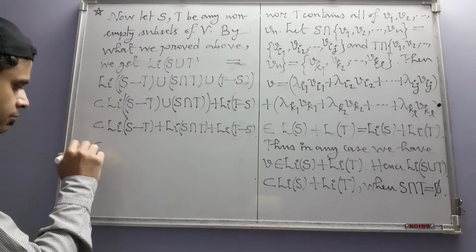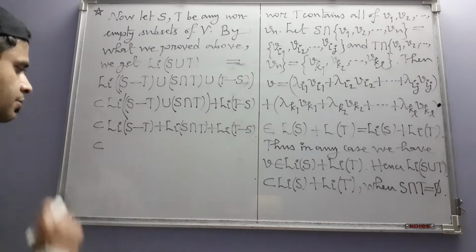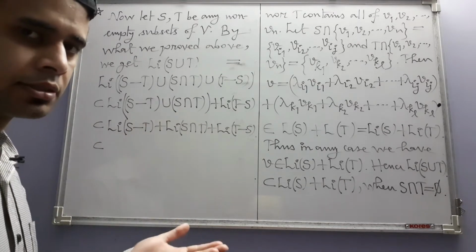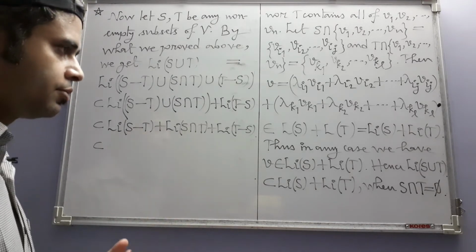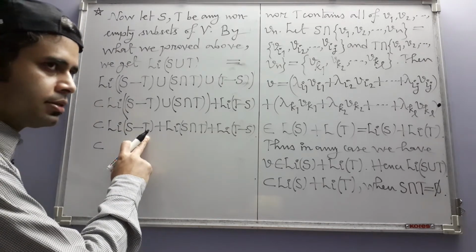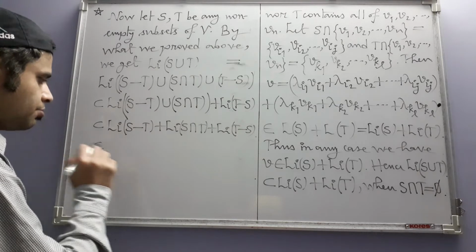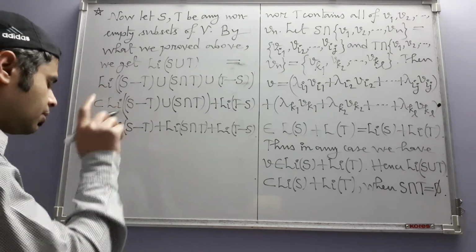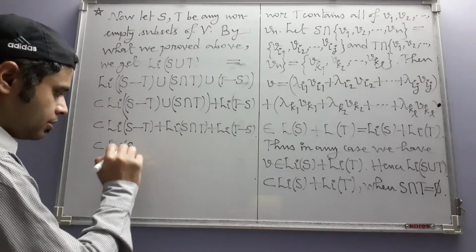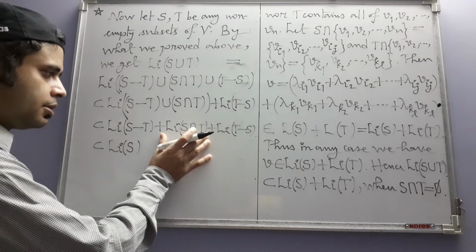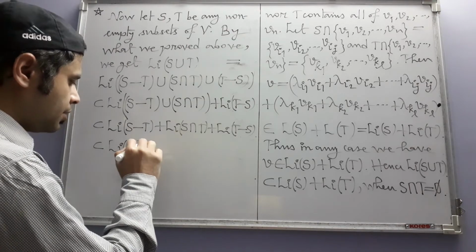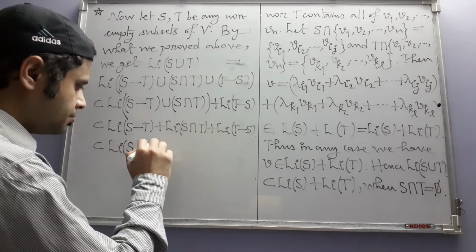Okay. Now note that S minus T, we already know what S minus T is. S minus T is the set of those vectors in S which are not in T. And we also know that this set is a subset of S. So because it is a subset of S, by part 1, this is contained in the linear span of S. This is also a subset of S, and in fact this is also a subset of T. Anyway, we can consider any one of them.